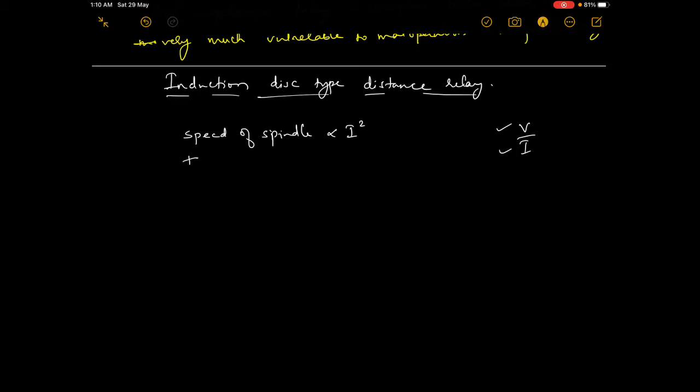If the speed is more, the time taken is less. We'll come to this restraining force later, but first we'll finish this. So it is I square. Now the time of rotation, give me a second.